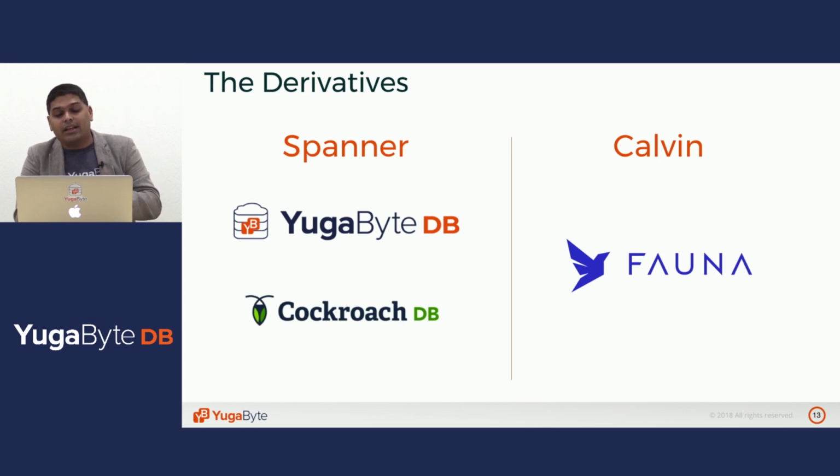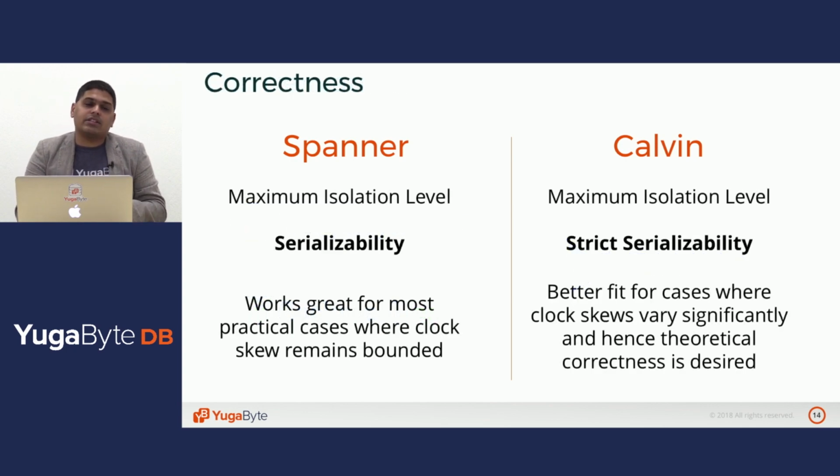And so in case of Calvin, there is only FaunaDB, which is another database product that built its architecture on top of Calvin. So let's look at a bunch of axes around how Spanner and Calvin actually impact the design of these individual derivatives.